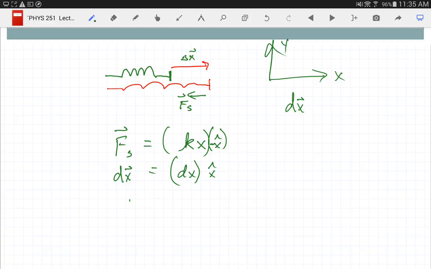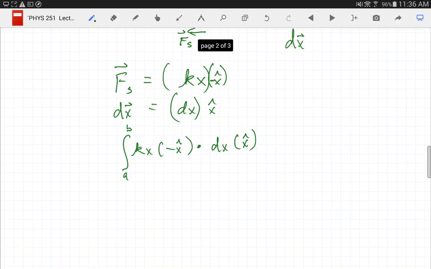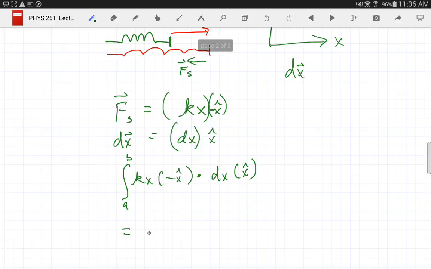So when I do my integral, the things in parentheses are the vector parts. So I can take the non-vector parts and separate them from the vector parts the way I've written this. And this is equal to, and let's do everything we can to simplify.